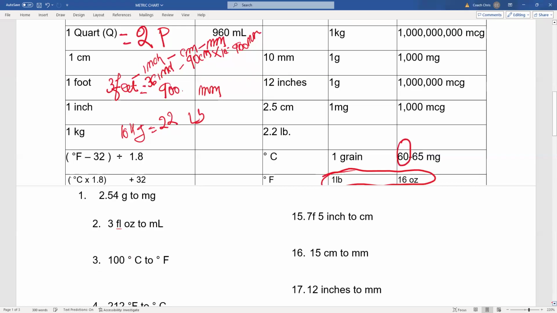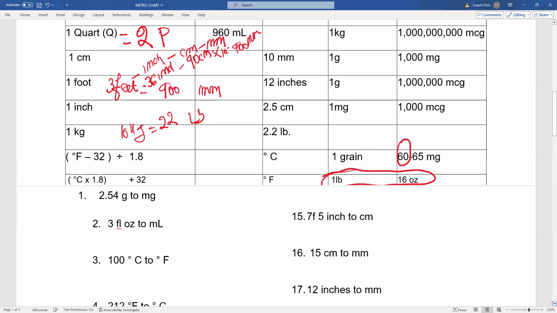So let's do this together. You have 32 degrees Fahrenheit to degrees Celsius. You're going to take 32 minus 32. You have 0. Now you get 0 divided by 1.8. You got 0 degrees Celsius. So you know 32 degrees Fahrenheit equals 0 degrees Celsius.